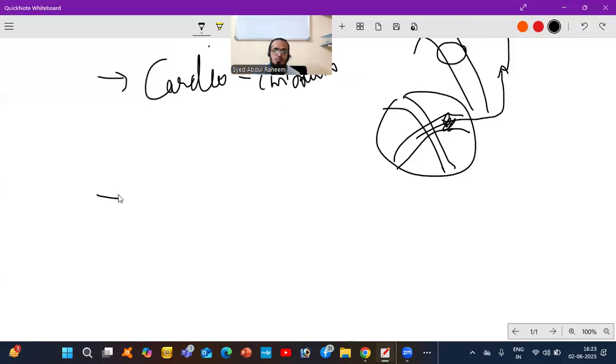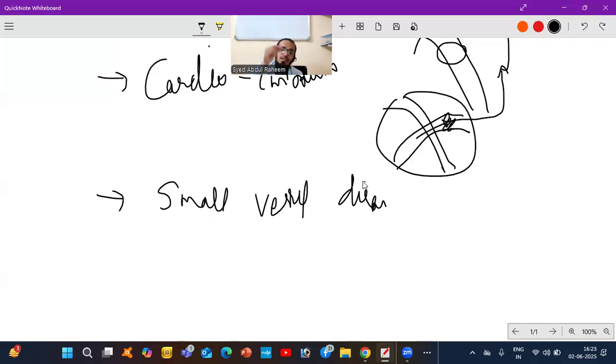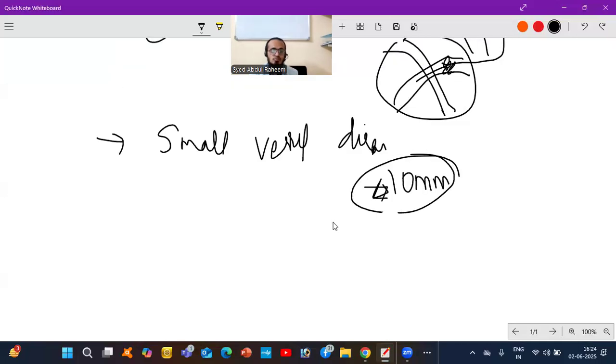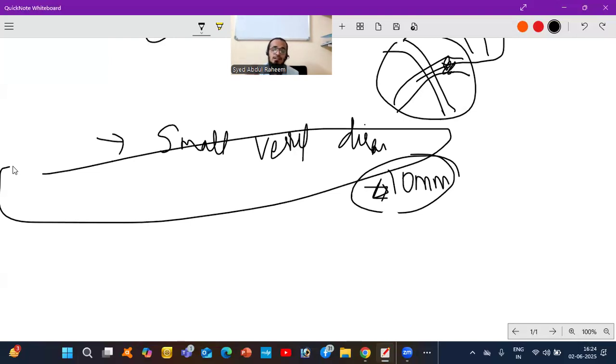And another one is small vessel ischemic disease. Small vessel disease means blockage happens, the damage of arteries happens, but the affected arteries are lesser than 10 mm. We also call it small vessel disease in most MRI reports.